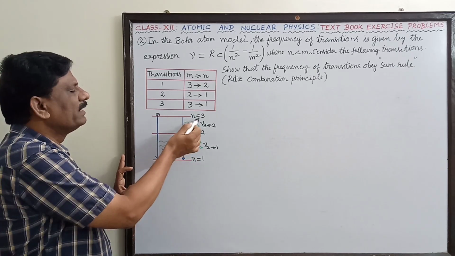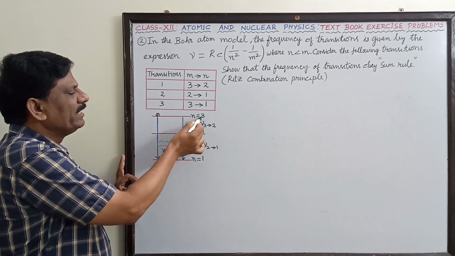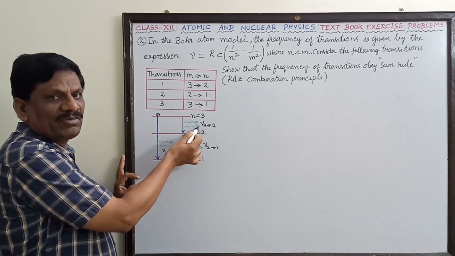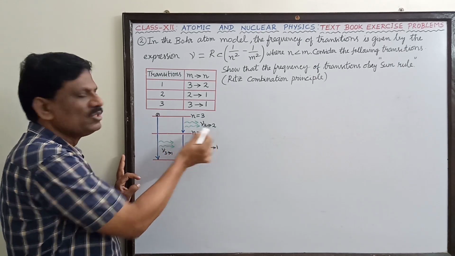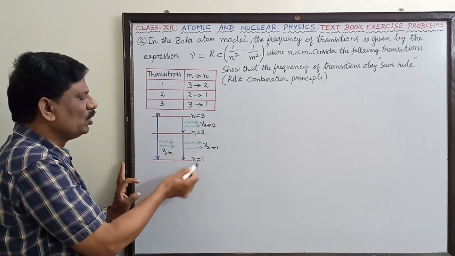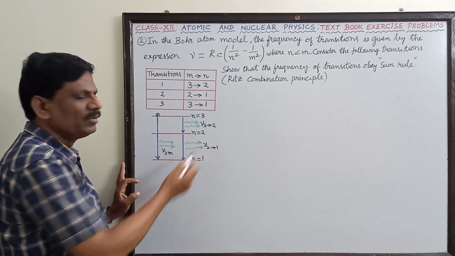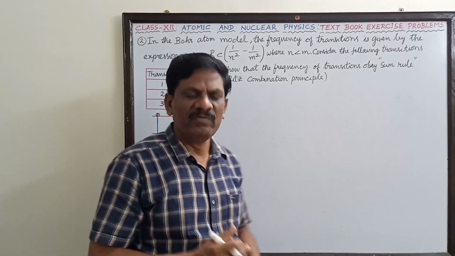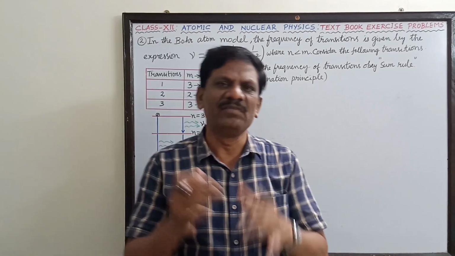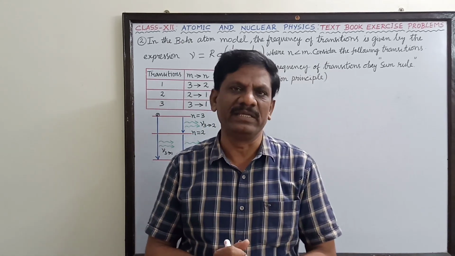Here the transition n is equal to 3 to 2 emits radiation of frequency nu 3 to 2, and from 2 to 1 the radiation emitted has a frequency of nu 2 to 1. Now we very well know that the law of conservation of energy is obeyed here.